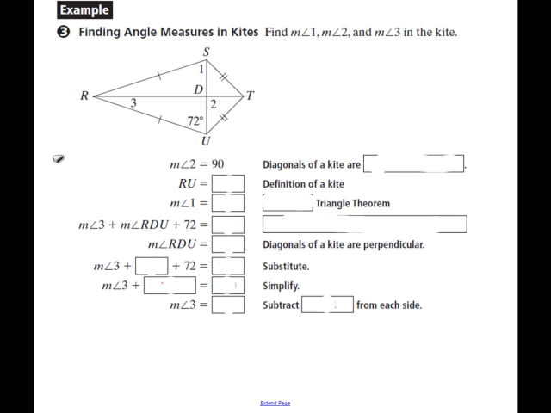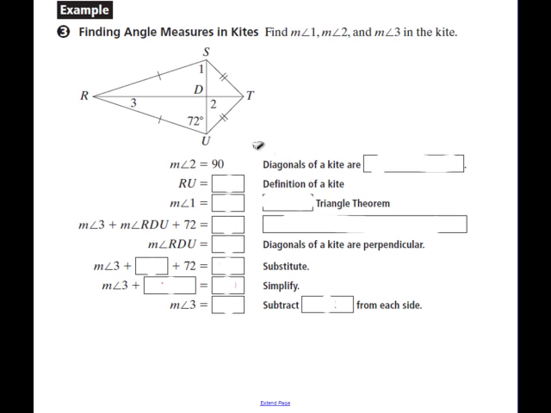So we've been working with trapezoids, now we're going to do one working with kites. Here they want us to find angles 1, 2, and 3 in the kite. They give us one angle down here. The main thing that we learned about kites in this lesson was that their diagonals form 90-degree angles.